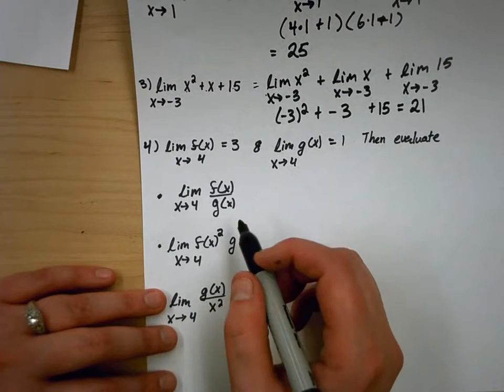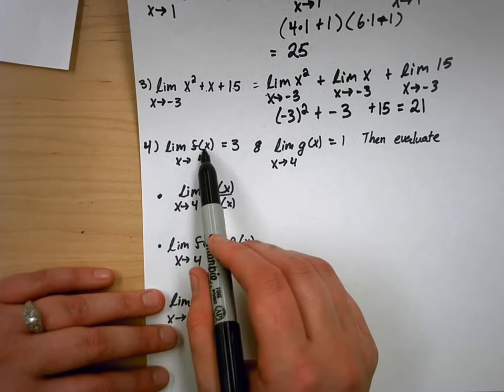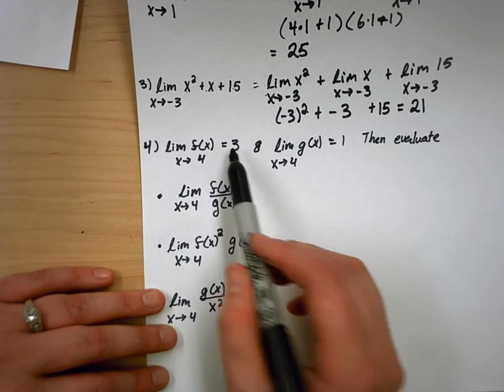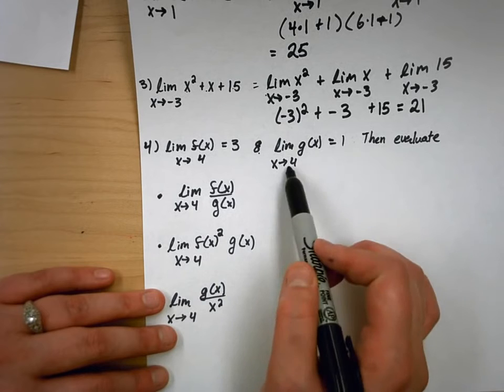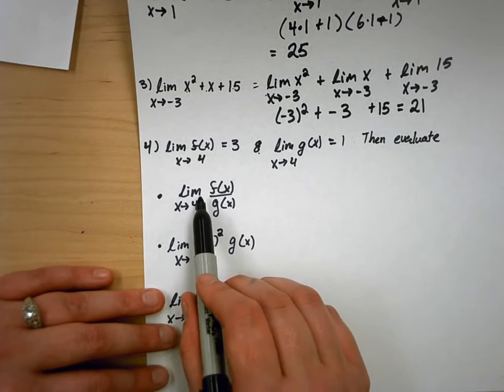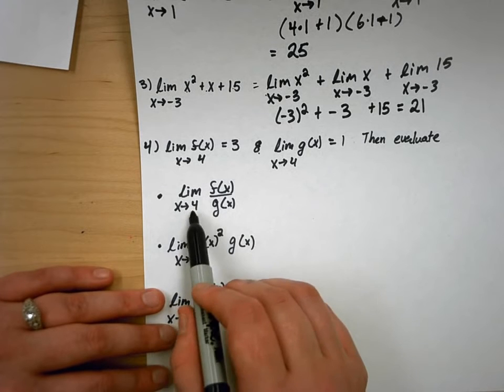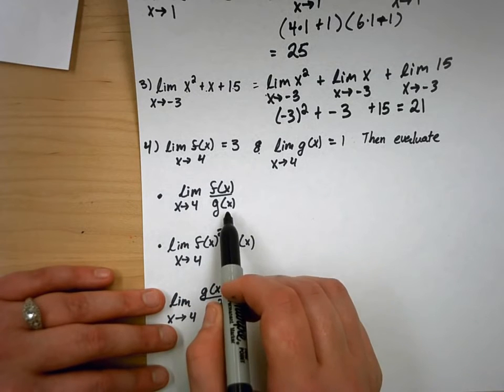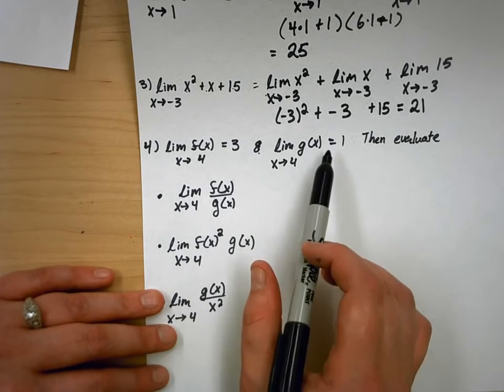Okay, now we're going to solve the following, given that the limit of f of x as x approaches 4 is 3 and the limit of g of x as x approaches 4 is 1. So we can evaluate the limit as x approaches 4 of f of x over g of x because g of x is not 0.